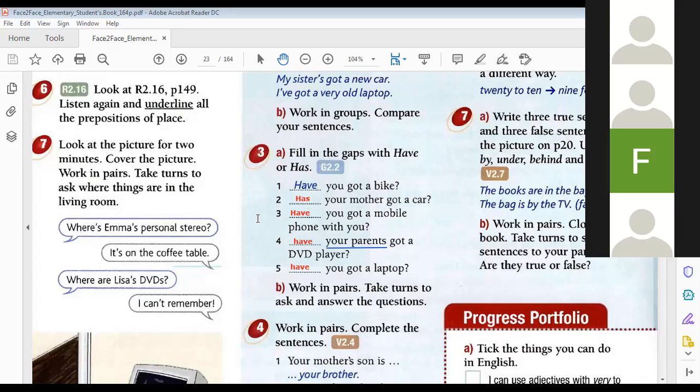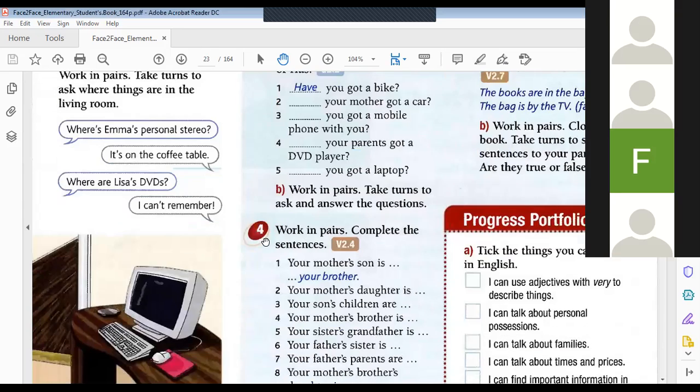No, they haven't. Yes. Have you got a laptop? Yeah, I have. All right. So this is how we can answer and ask yes/no questions. All of these are yes/no questions. Very nice. Let's continue.